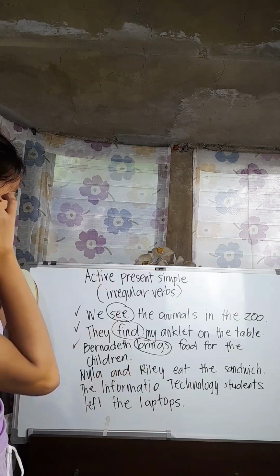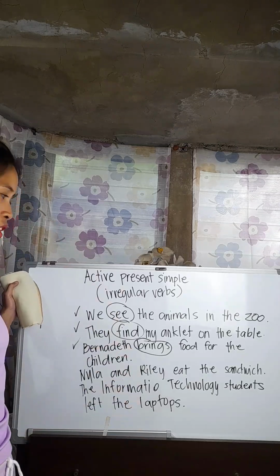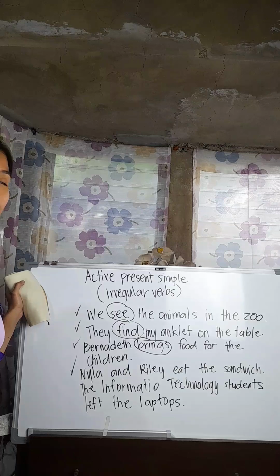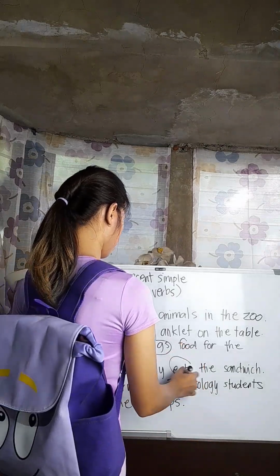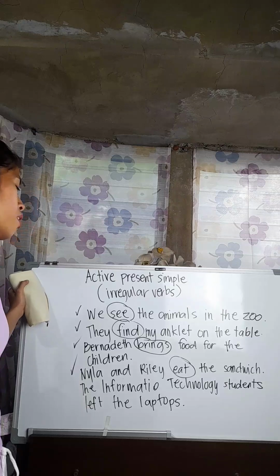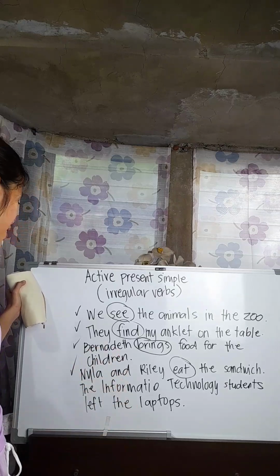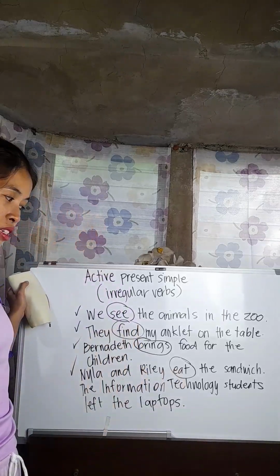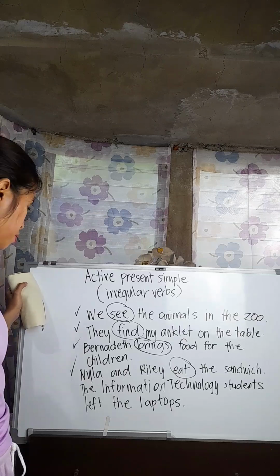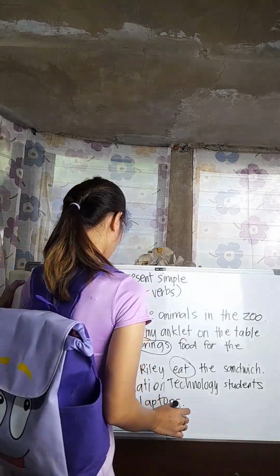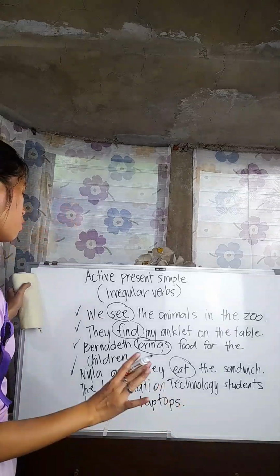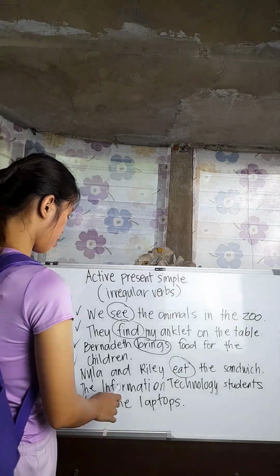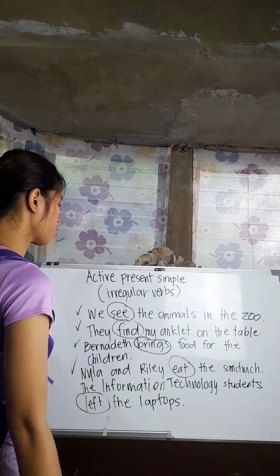Ninth sentence, Nyla and Riley eat the sandwich. Nyla and Riley as the subject, eat as the present simple verb. For the last sentence, the information technology students left the laptops. The information technology students as the subject, left as the present simple verb.